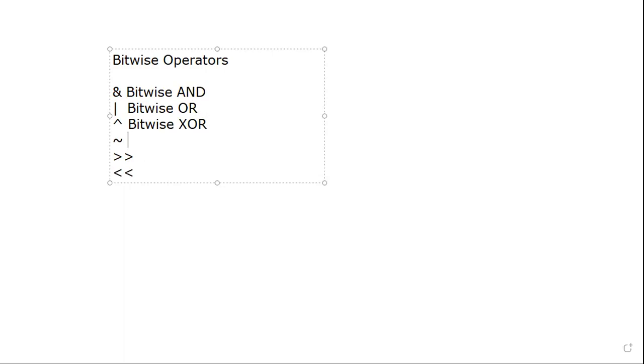This is the bitwise NOT operator. This one is shift right, shift left. I will explain one by one clearly, you can understand.